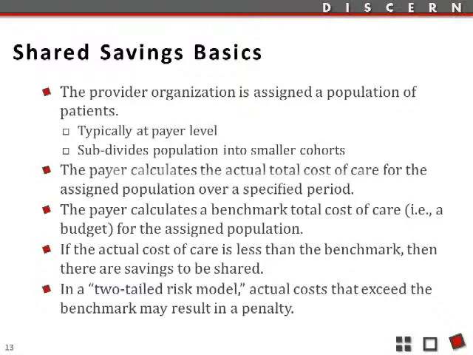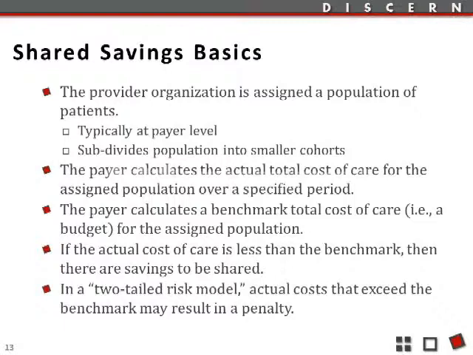But the provider organization is assigned this population of patients, and then the payer, who is sponsoring the shared savings program, would calculate the actual cost of care, the total cost of care for that assigned population over a specified period, and then compare that total cost of care to a benchmark. And the methodologies for defining these benchmarks vary from one program to the next. It might be based on the provider organization's historical costs.